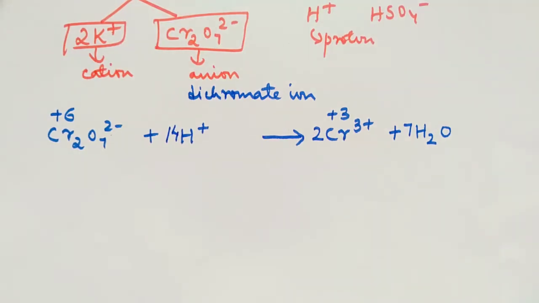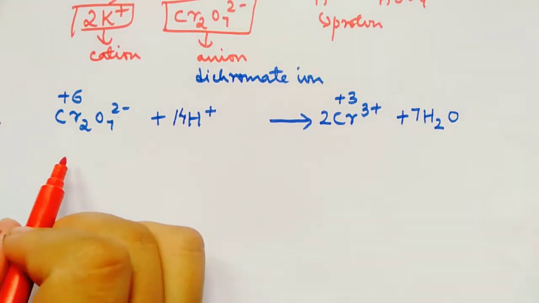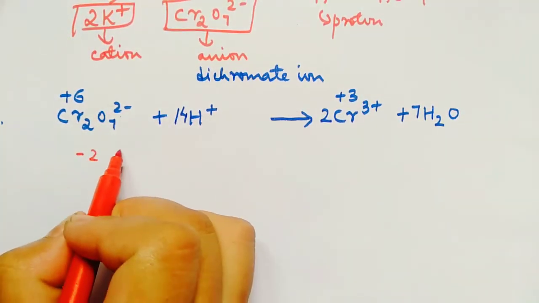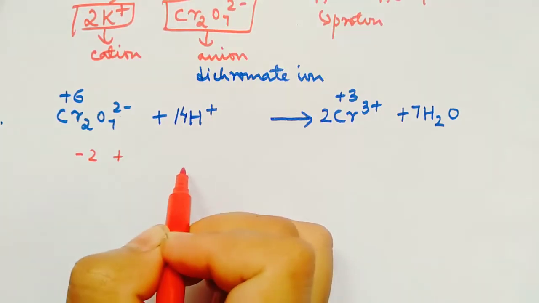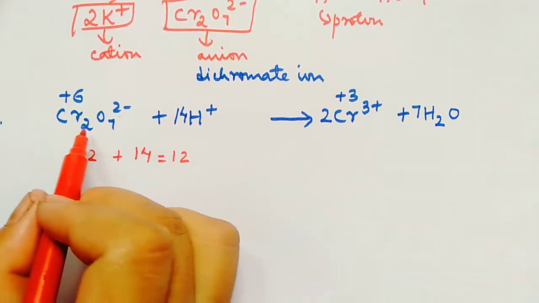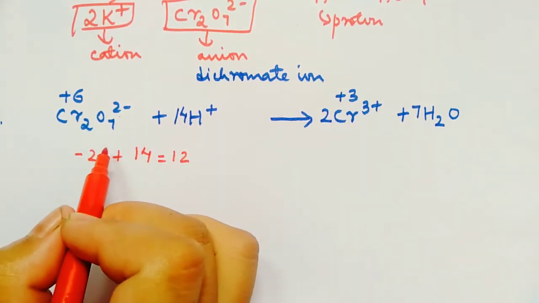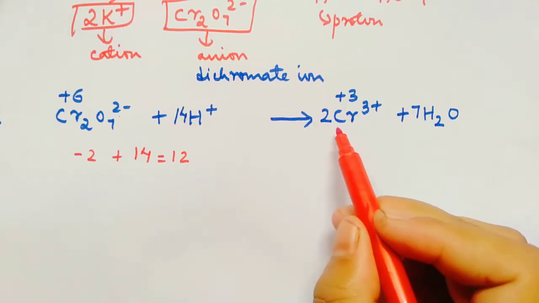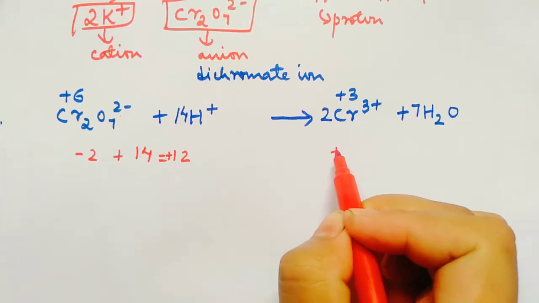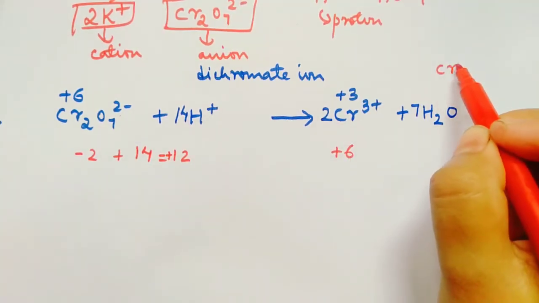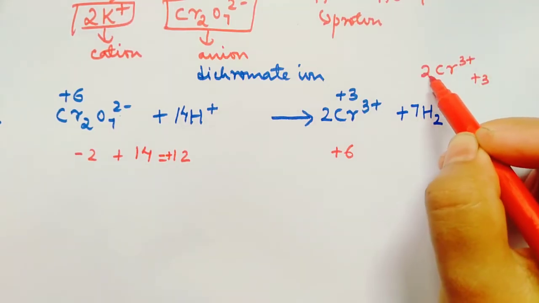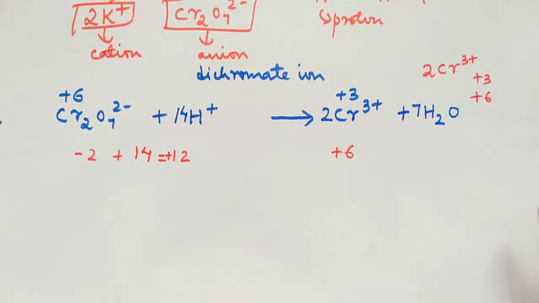But now see, on the left hand side, if you calculate, here you have -2, and then 14 into +1, which is actually 12, right? So the charge on the left hand side is +12, but on the right hand side it is +6. See, 1 Cr3 plus is +3, so if you have 2 Cr, then it is +6.